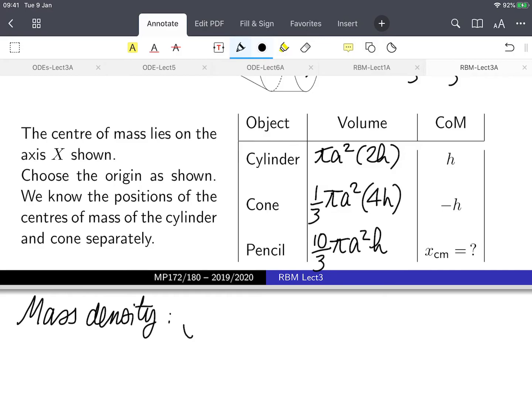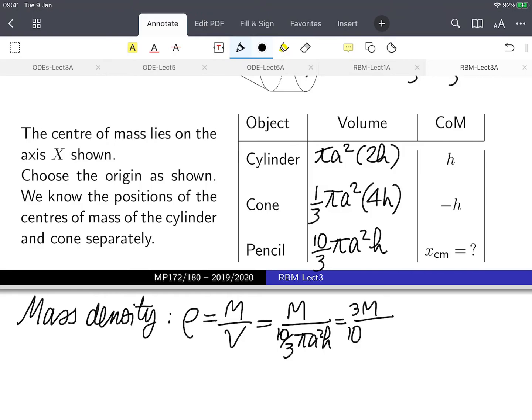The mass density, remember, is the same everywhere. It's uniform. So total mass, that's M. Total volume is 10/3 pi a squared h. But the density is the same for the first part and for the second part of the pencil.